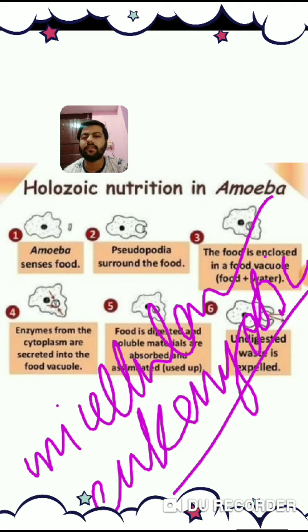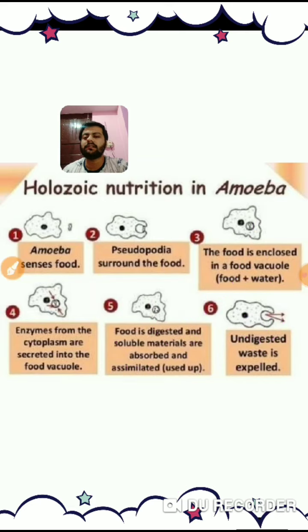Those organisms whose cells possess a true nucleus are known as eukaryotic organisms. So amoeba is a unicellular eukaryotic organism which performs the holozoic mode of nutrition.